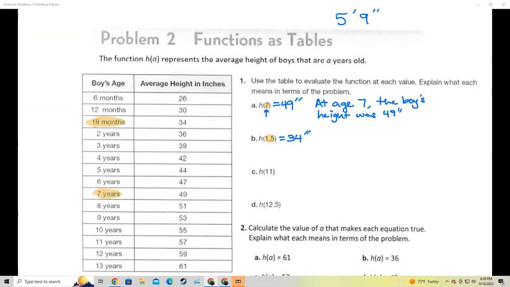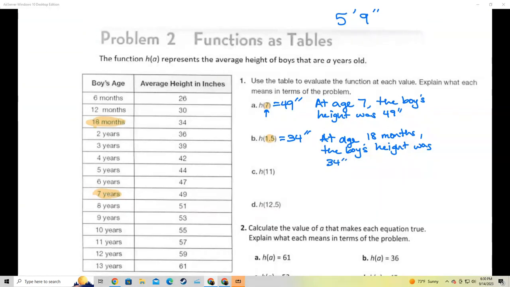And for letter B, let's try that again, at age, I guess we can go 18 months, right? That makes a little bit more sense. At age 18 months, the boy's height was 34 inches.